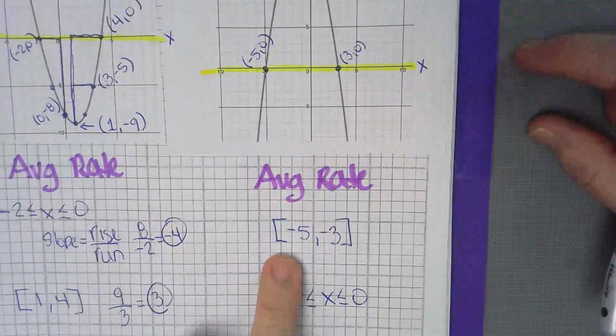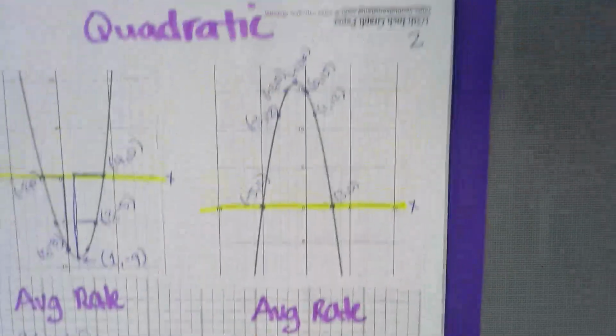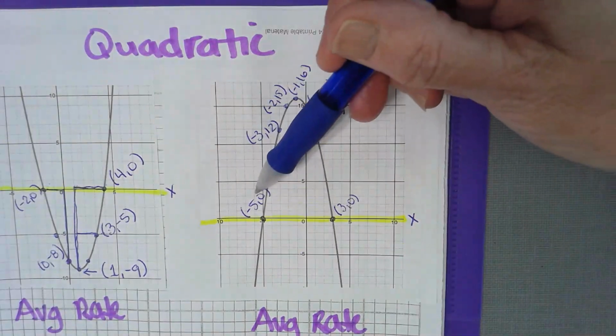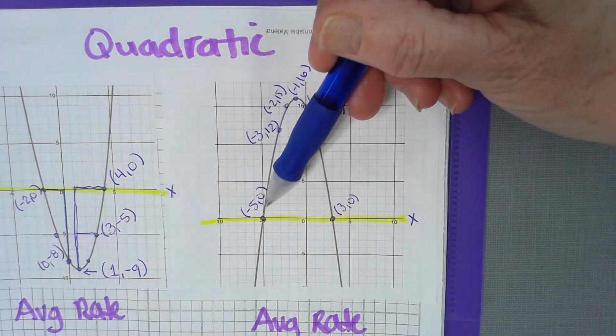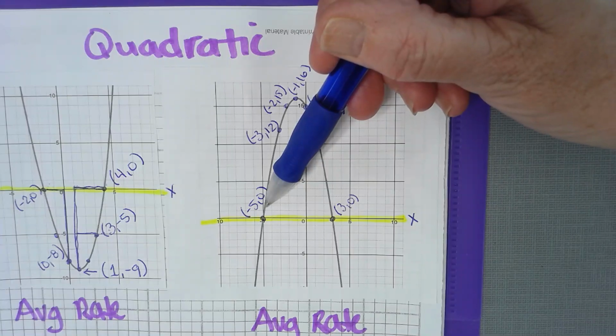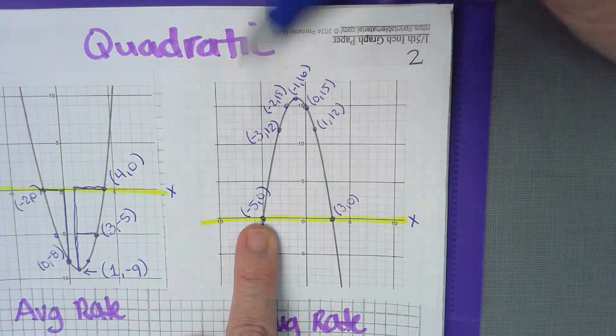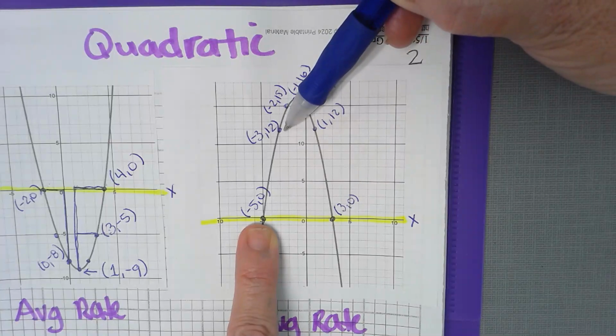All right, x is -5. That's that point right there. x is -3 to this point right here. Rise and run.